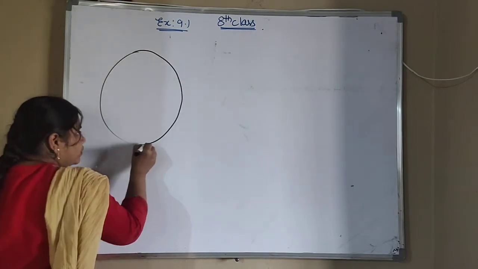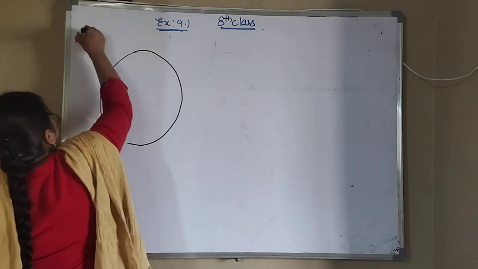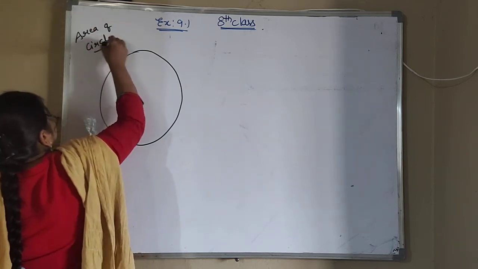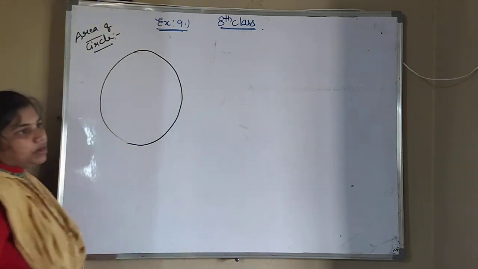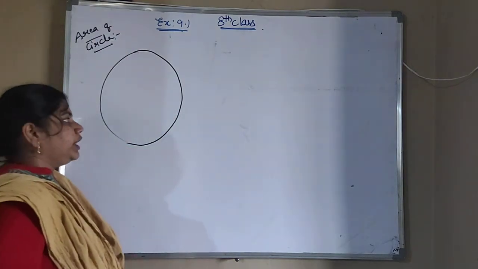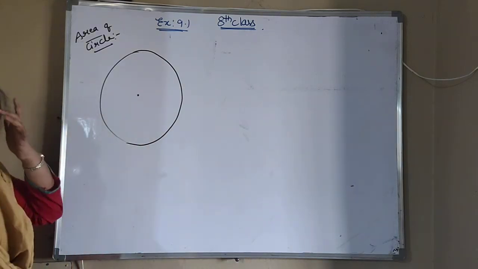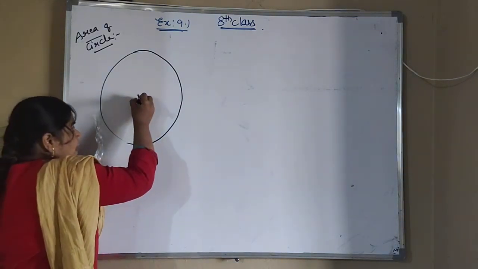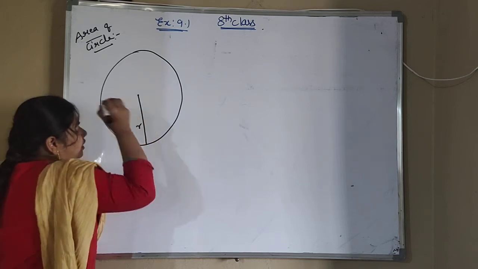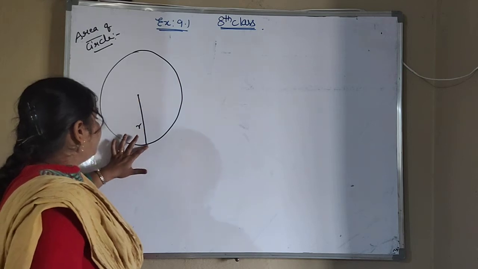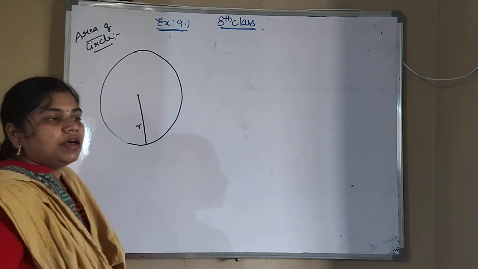We are finding area of a circle here. So what is area of a circle formula we have to find? Okay, so if you take a circle, you will be having one center point in circle. So center point to any part of a circle we will call it as radius. Already we know that.